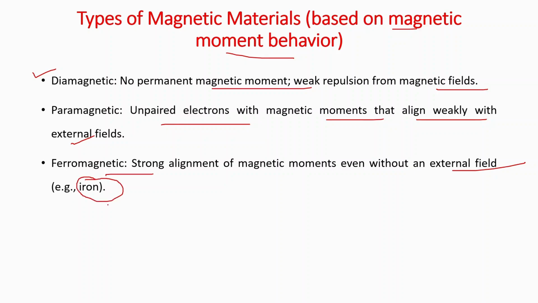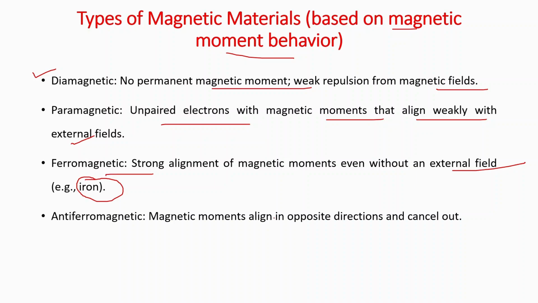Then antiferromagnetic materials: magnetic moments align, but in opposite directions, so they cancel out. Why? Because magnetic moments are vectors, and if two vectors are equal in magnitude and oppositely directed, the resultant is 0.